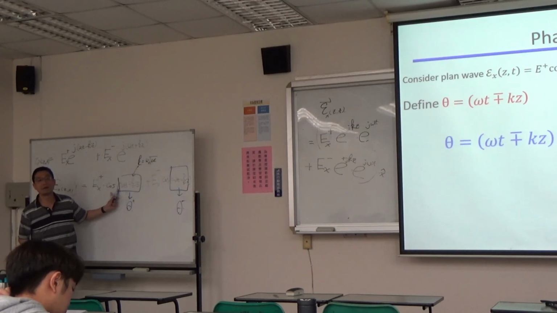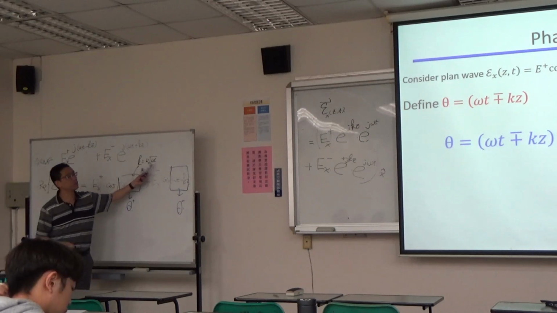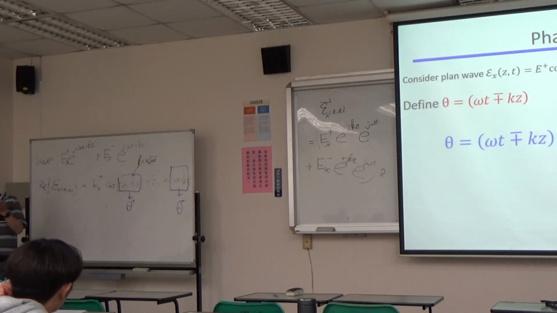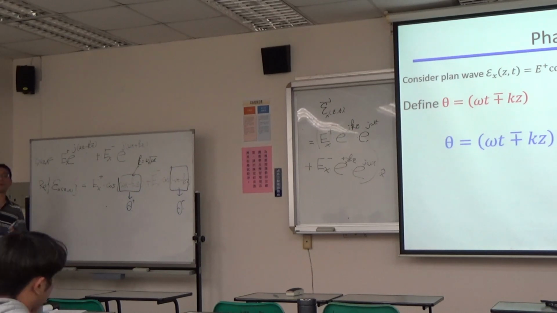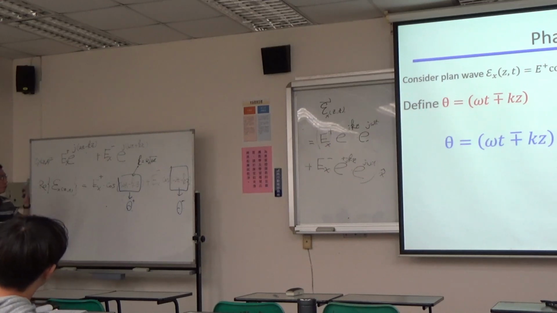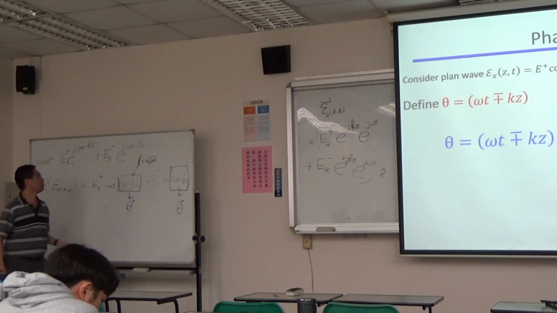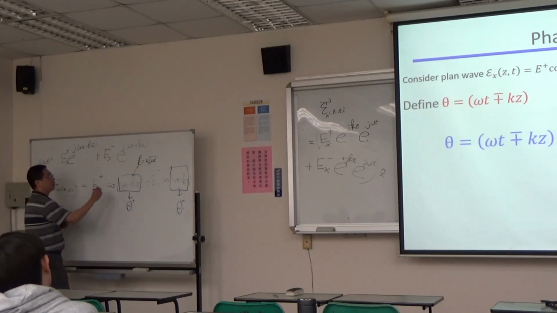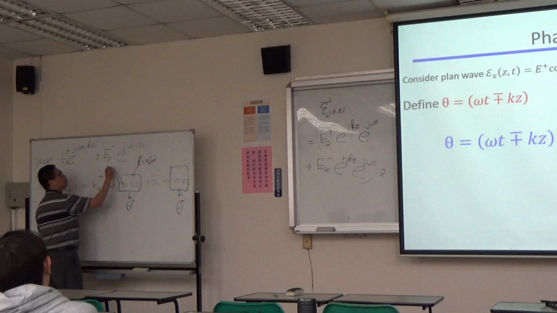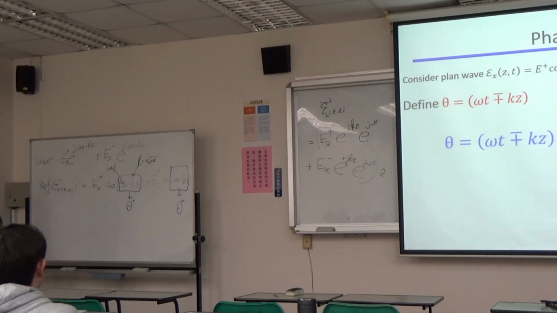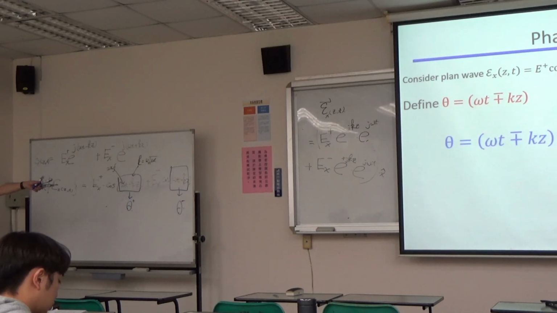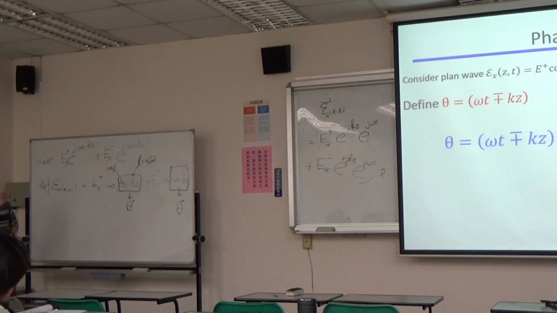Mu and epsilon are variables relevant to the material, air or maybe water or maybe FR4, whatever kind of material it is. You choose different mu and epsilon. And omega is 2 pi f. So theta is omega t minus kz, or omega t plus kz.